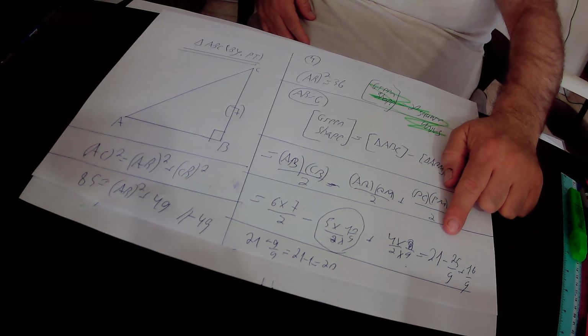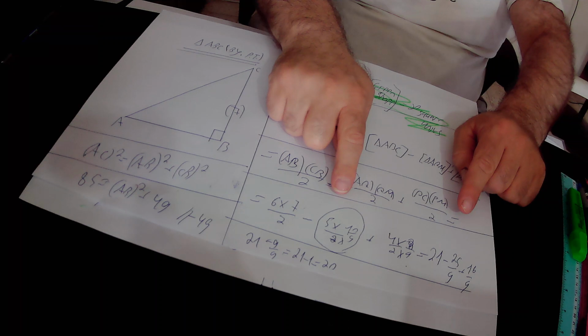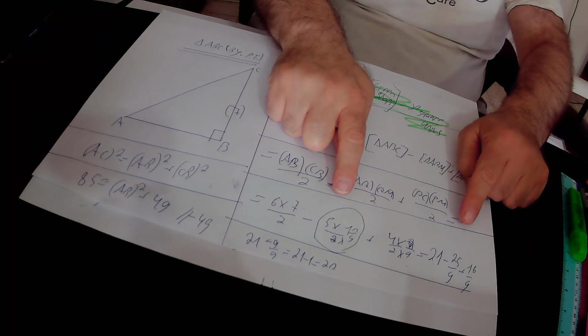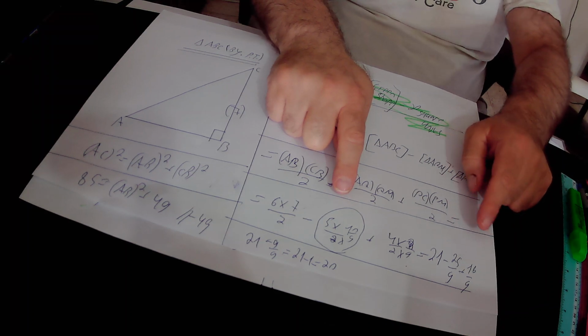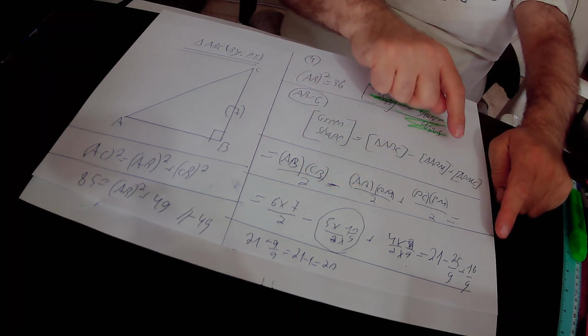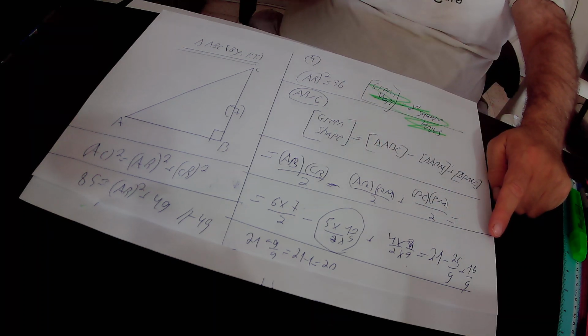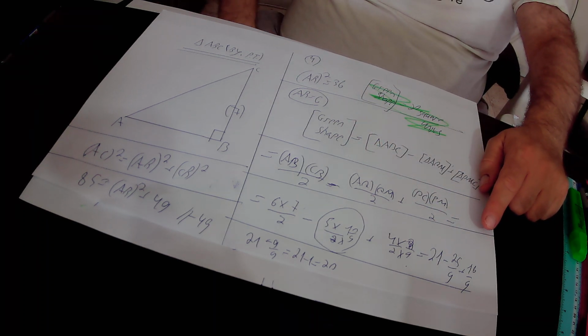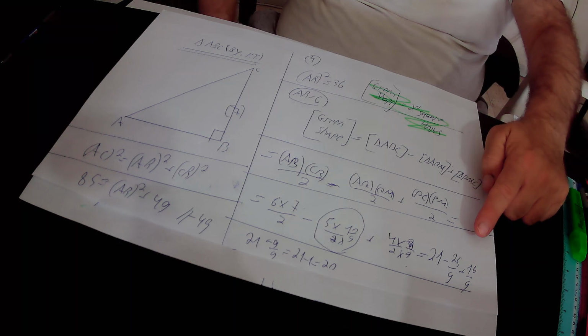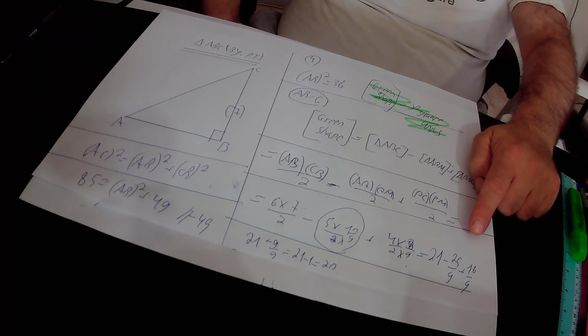And this expression equals 25/9, and the area of the small green triangle PMC is 16/9. So in total the area of the green shape equals 21 minus 25/9 plus 16/9.